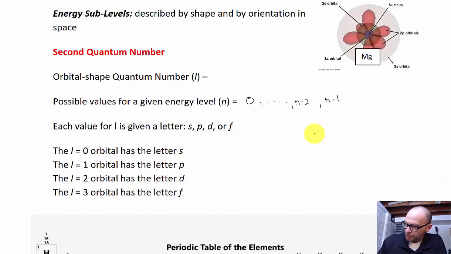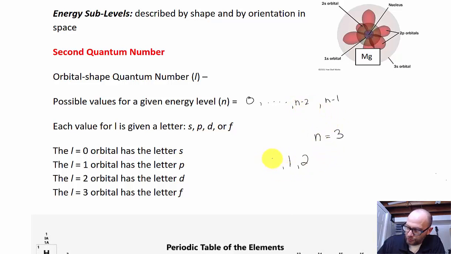So how that looks, if n is equal to 3, remember n is like the ring, the possible values for the shape, or the second quantum number, are 2, that's n minus 1, or 3 minus 1. 1, that's n minus 2, or 3 minus 2.